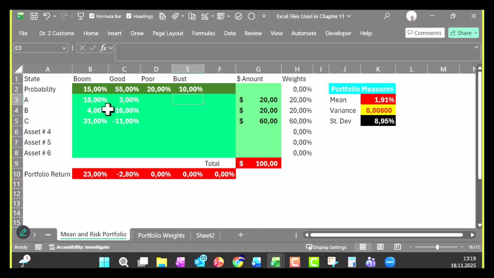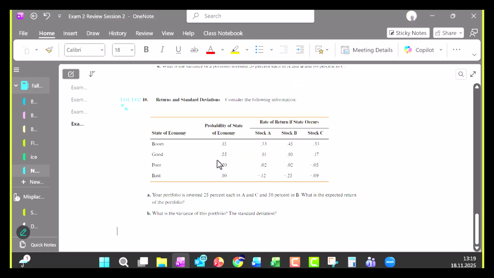So in each of those states, for stock A, 13, 11, oh, I think I did it wrong the other time. 13, 11, 2, and negative 12.